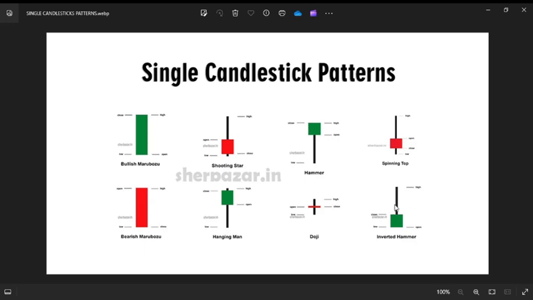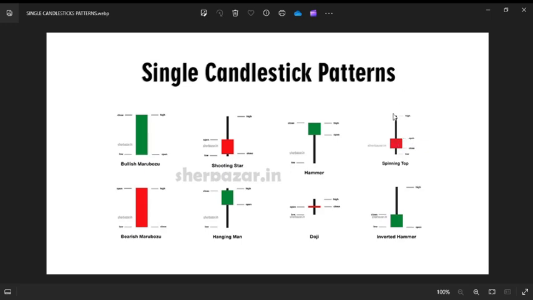Then we have the inverted hammer. It has a very long wick to the upside with the body to the downside without any wick down to the downside. Market opens low and closes high. The next one is the spinning top candlestick.